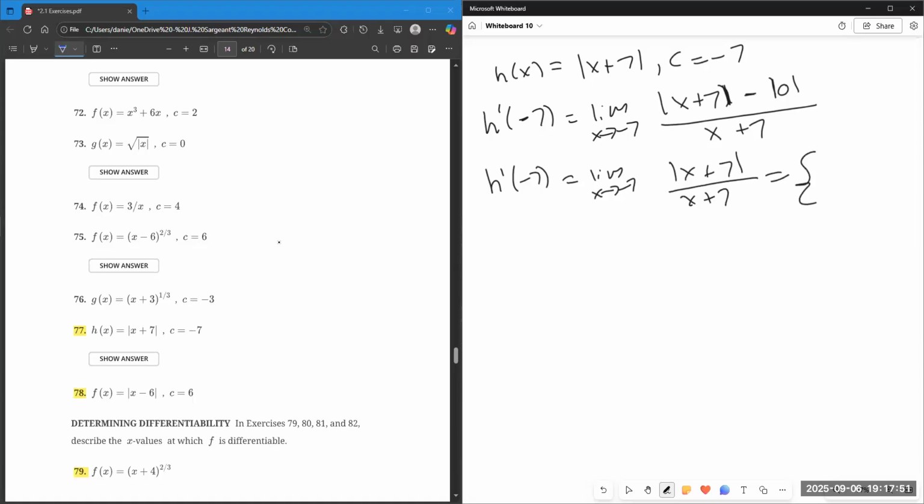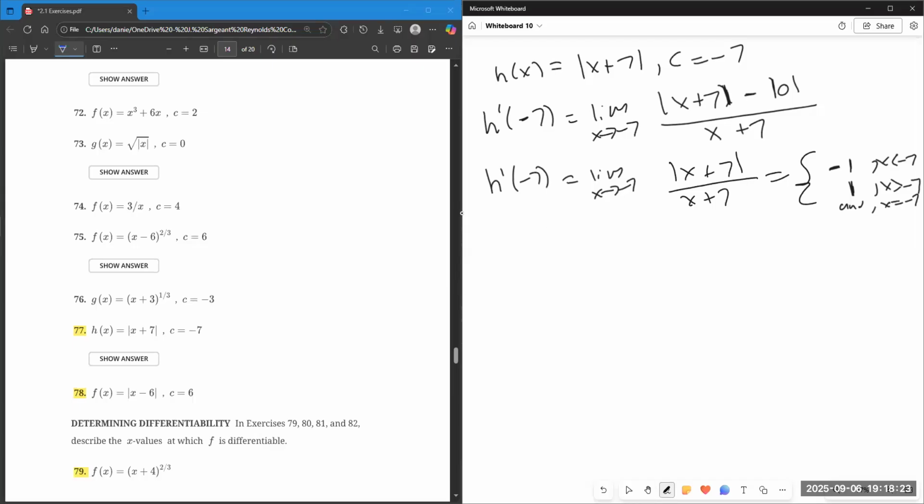So this is a piecewise defined function that when x is less than -7, this will be -1. And when x is greater than -7, this is going to be +1. And there is no answer at -7 because it's undefined. Undefined when x equals -7.